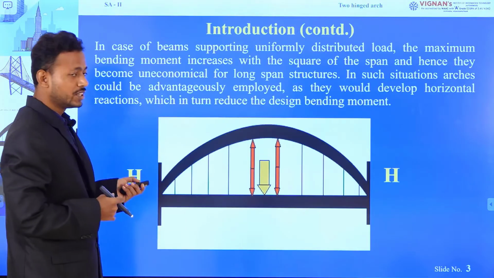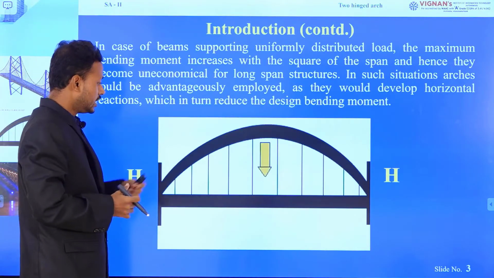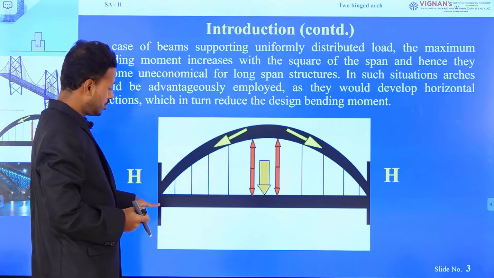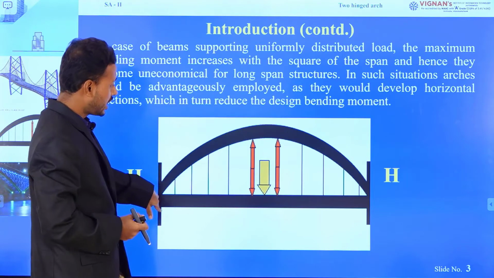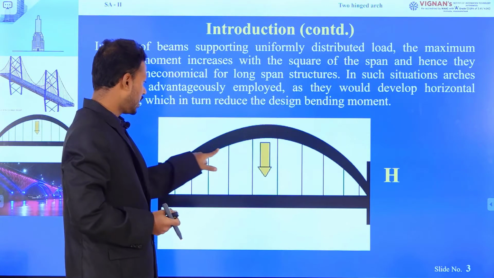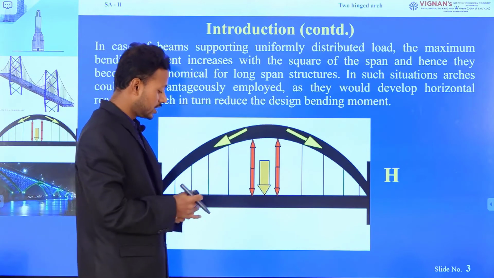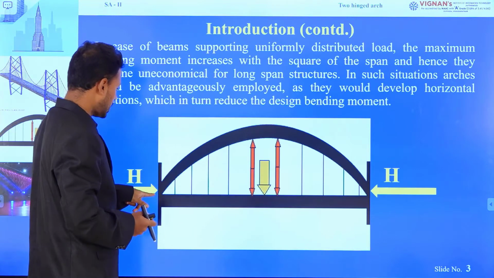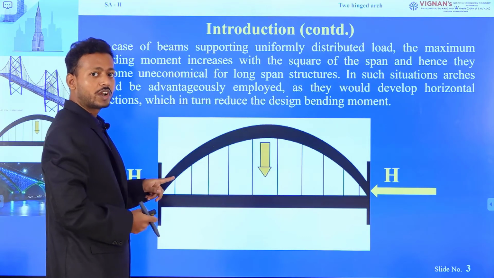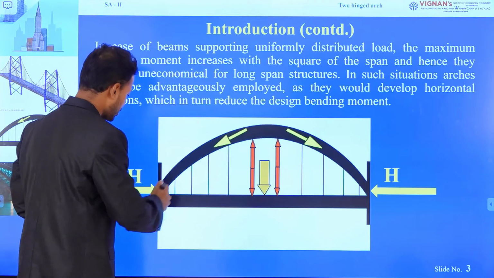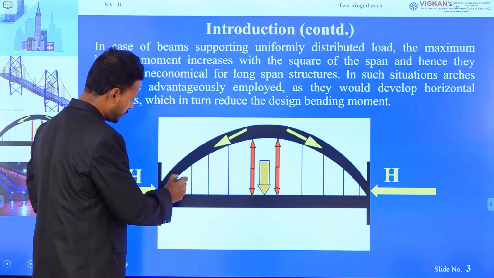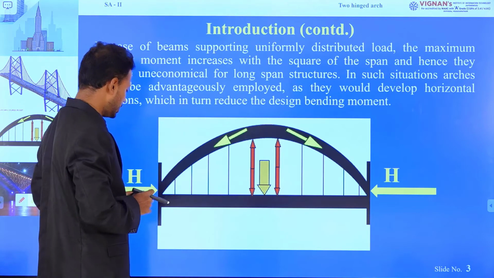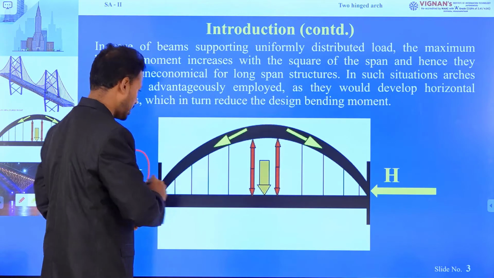Now, in this figure you can see an arch structure is supported with fixed or hinge support and the girder or deck of the beam is connected with the arch with ropes. Now, as it is subjected to a significant amount of horizontal thrust, it cannot spread like this, as the arch structure is supported with significant horizontal thrust.